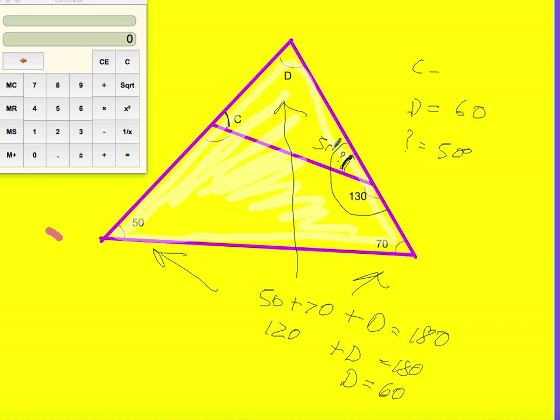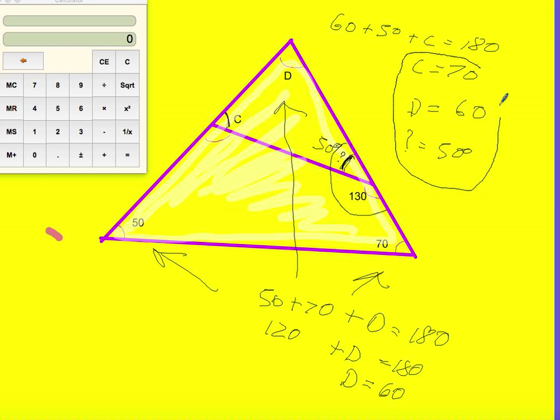If this is 50 degrees, now we can find C because we already know D is 60. The other angle is 50. 50 plus 60 is 110. So that means C is 70 degrees.